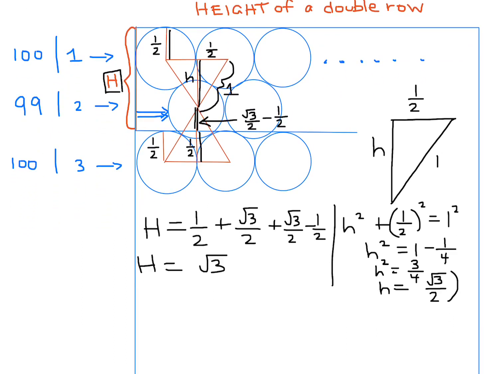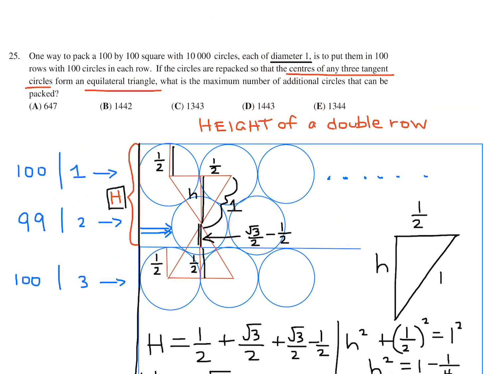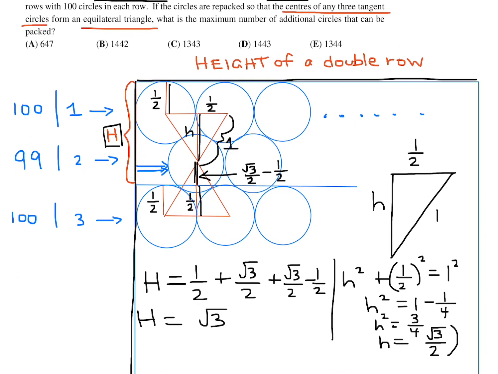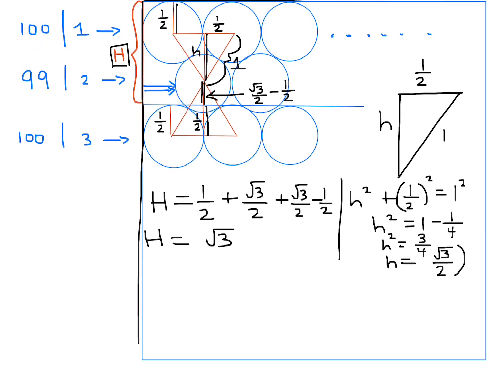Now, do you remember what is the full height of this square? It's 100. The square was 100 by 100. 100 on that side and 100 on the other side. Well, it's a square, so of course it will have both sides the same. So this h has to fit into that 100. How many times?